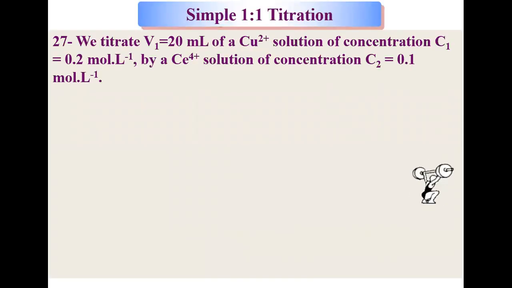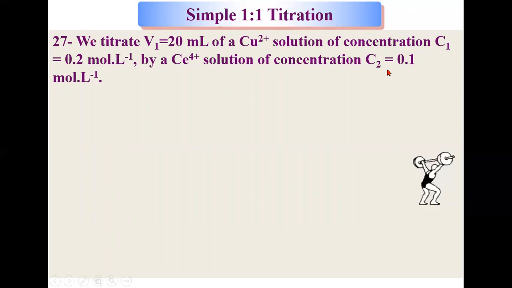Okay? Now number 27. We're going to titrate a volume of 20 milliliters of copper 2+ solution of concentration C1 by a selenium solution of concentration C2.